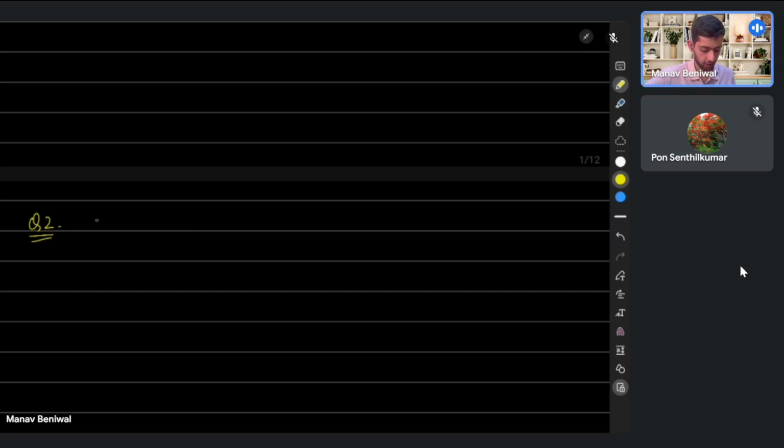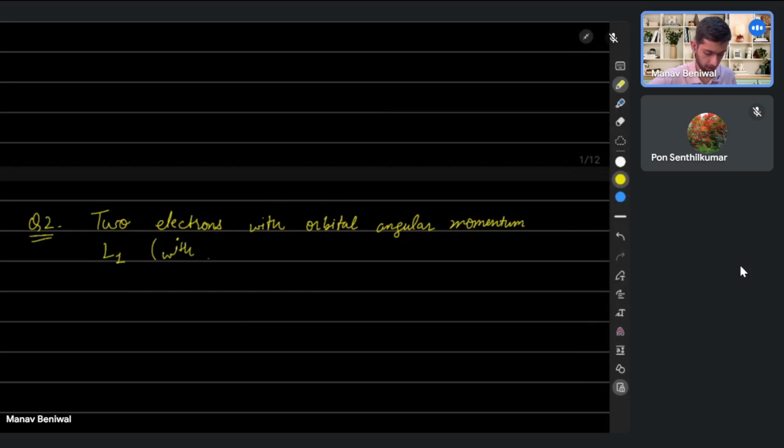So we are given two electrons with orbital angular momentum L1 with l1 equals 1 and L2 with l2 equals 2.